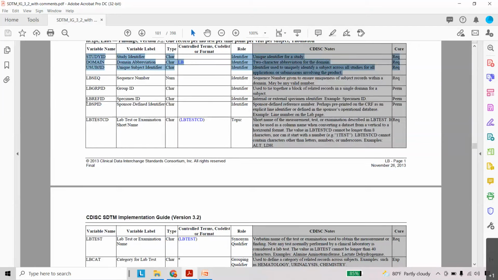Next is the laboratory reference ID. This is the specimen ID. It is provided as character values for the particular specimen of a particular record. This is a permissible variable, and permissible variables may be present or not.